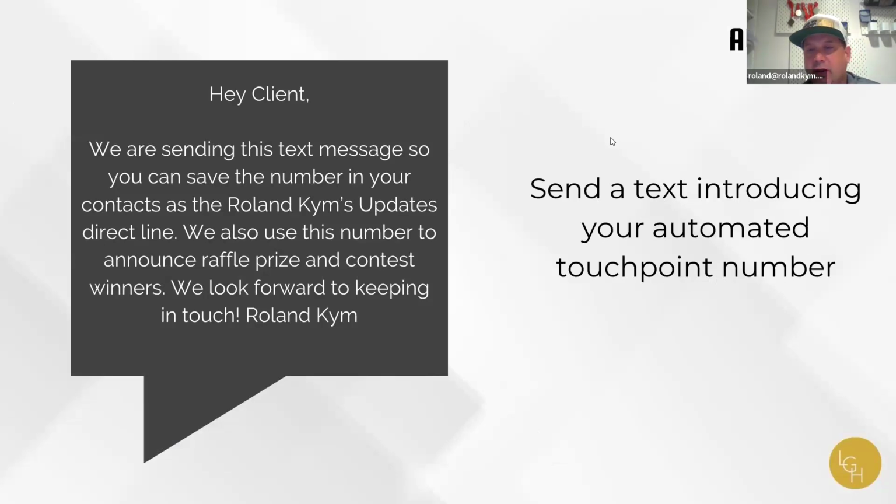It tells the client I'm going to, from this number, communicate lots of great value, contest prizes, etc. What I'm trying to do, with all best intentions, is have the client save that secondary number. And I know that works because sometimes clients are calling me on that number or texting me back on that number, and they forget that it is a real phone line that I can see, but it's not my primary. But again, that is the second touch point.